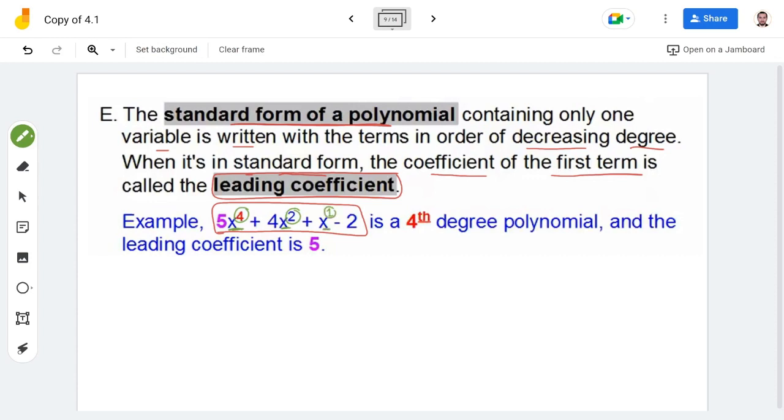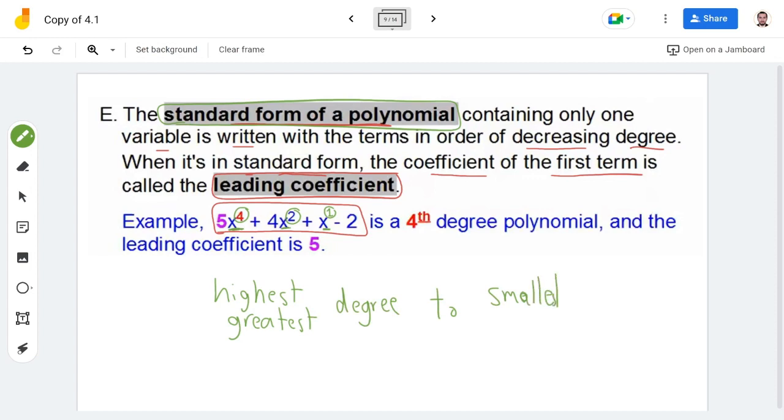As you can see, to write the standard form of a polynomial, you have to start from the highest, or let's say the greatest degree, to the smallest, or lowest degree.